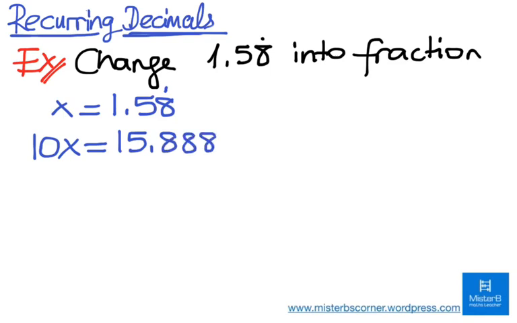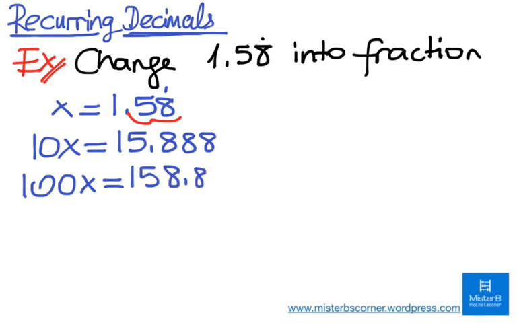And if I multiply by 100, then it's going to be 100x equals, now this time it's going to move 2 digits, so I will write 158.8, with 8 recurring of course.